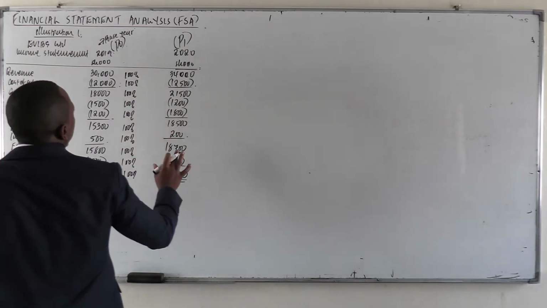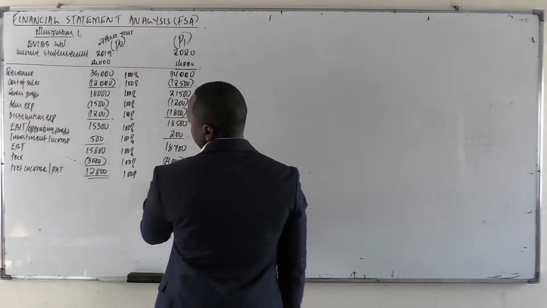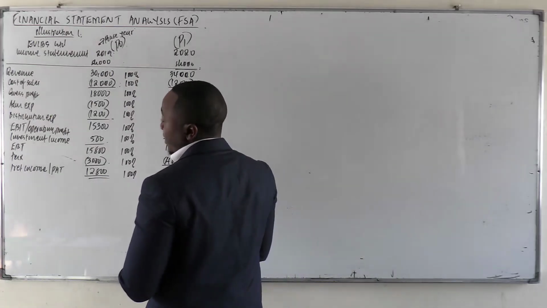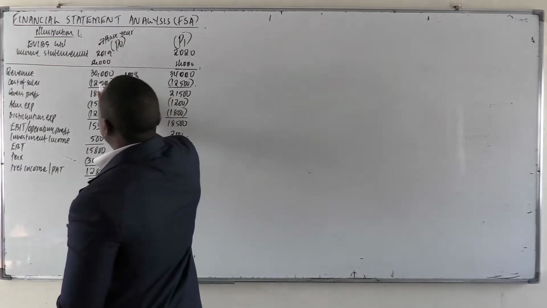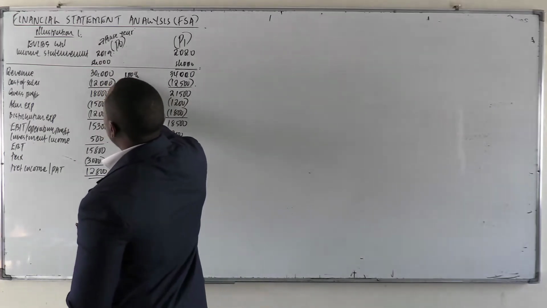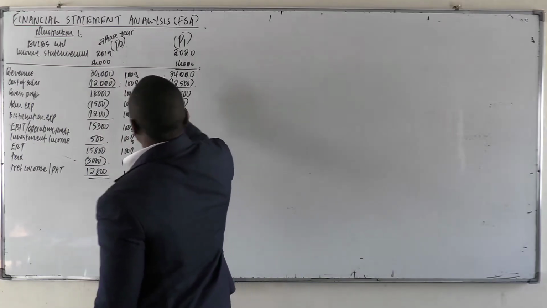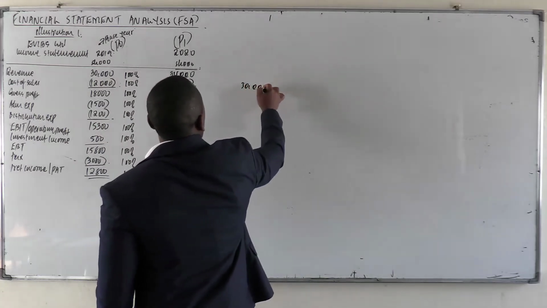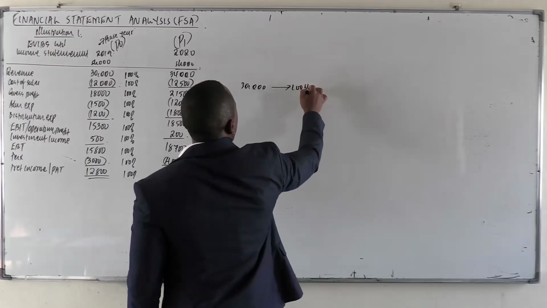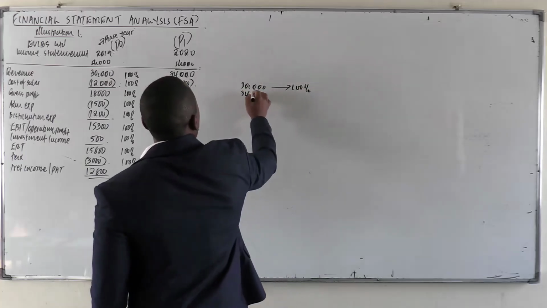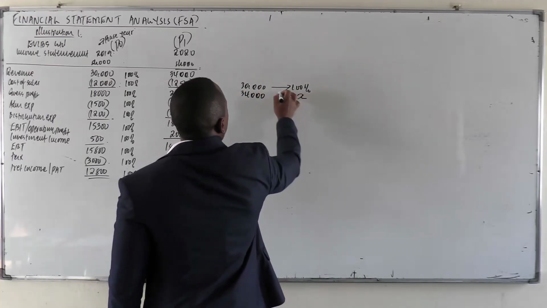Then we express the one for 2020 as a percentage of those of 2019. For example, 30,000 of the revenue is equivalent to 100%. What about 34,000? So 30,000 is equivalent to 100%. What about 34,000? It will be equivalent to how much?